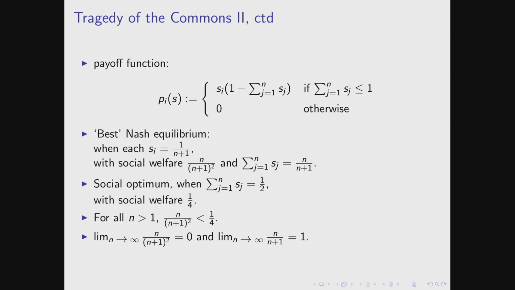And this is a bit surprising: each player claims not 1/n, because then, remember, the payoff would be 0 for everybody, because n times 1/n is 1, so they would get 0 according to the payoff function. No, the Nash equilibrium is obtained where everybody claims 1 over n minus 1. So when they use it, still there is 1 over n minus 1 left.